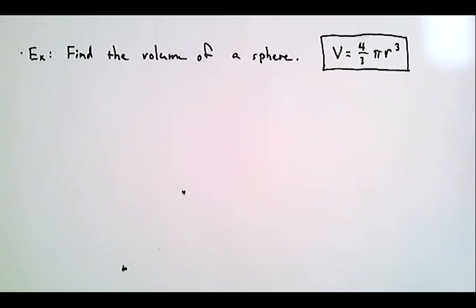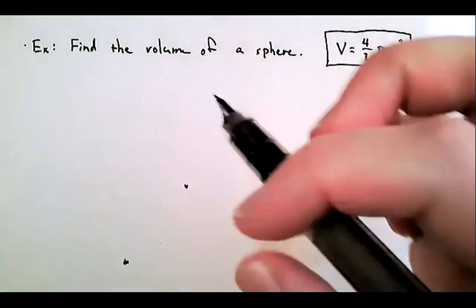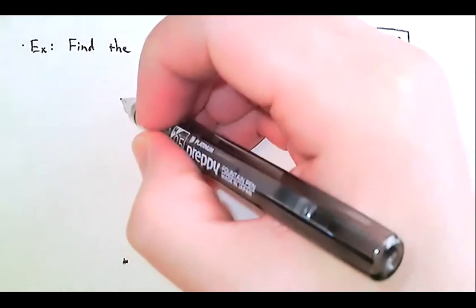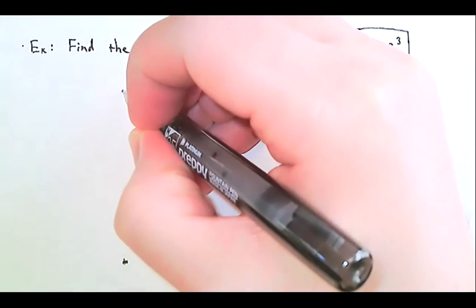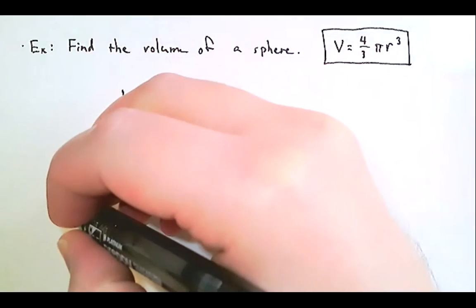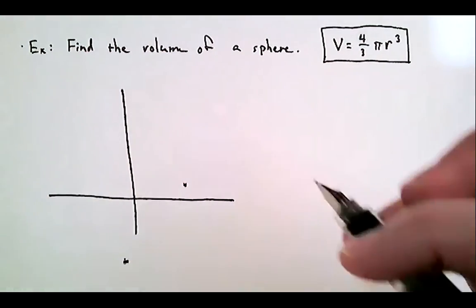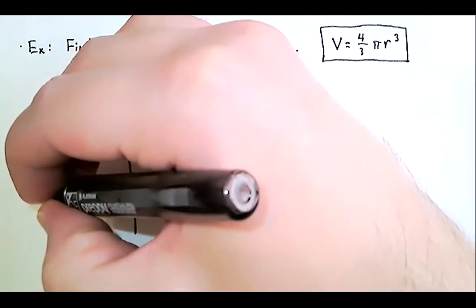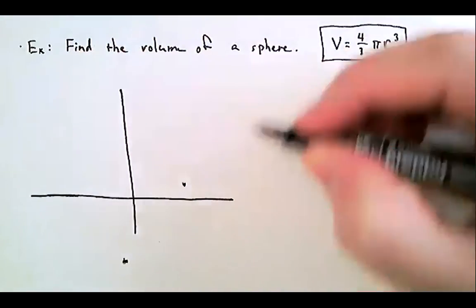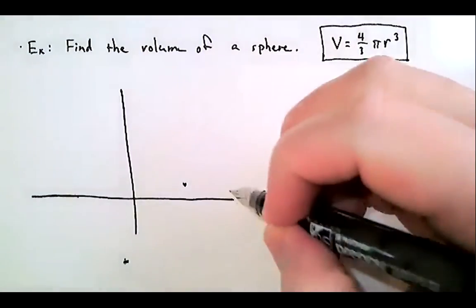Okay, so no one is jumping in, so I'm going to explain what I want to do. I want to take a half circle, a semicircle, and use that to find my volume. In this problem, I didn't say find the volume of a sphere of radius 2 or something.